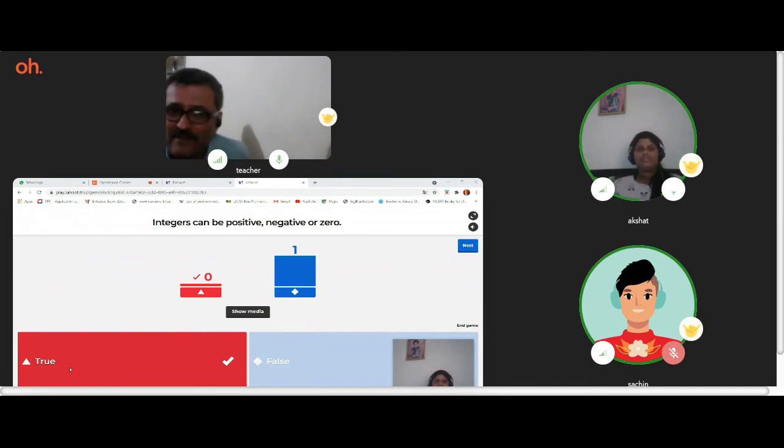Every time the red is not always false. No problem, Shashi. So the correct answer was true. Why? Because all integers can be positive numbers, they can be negative also, and they can be zero also. Okay, next.